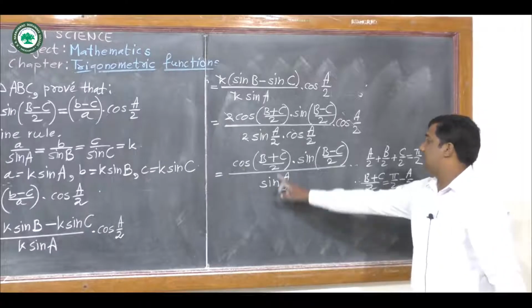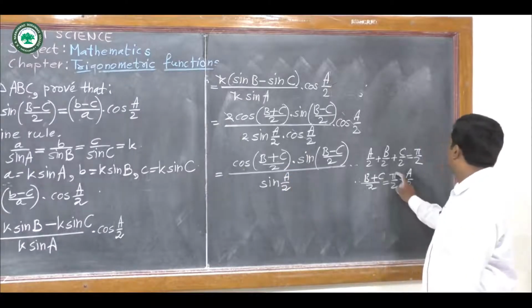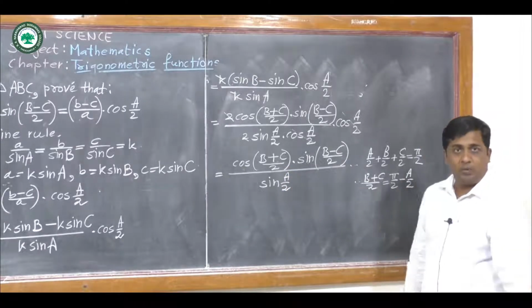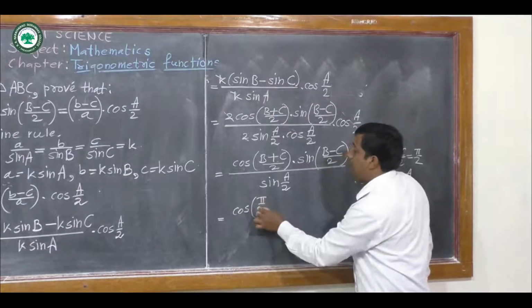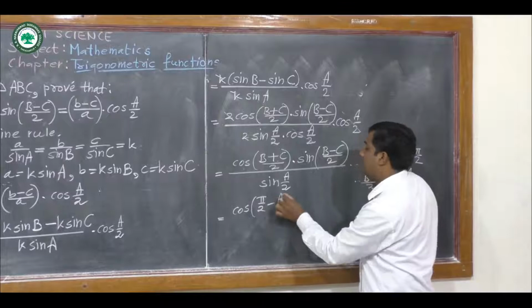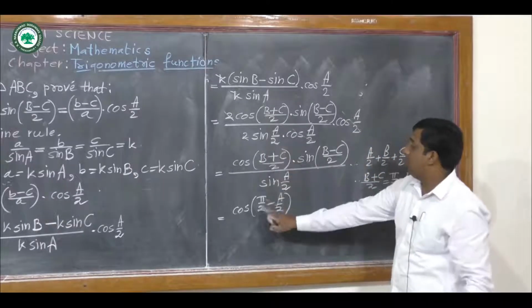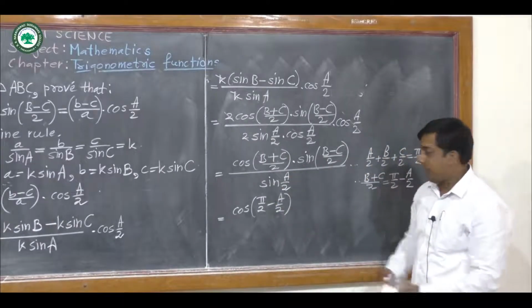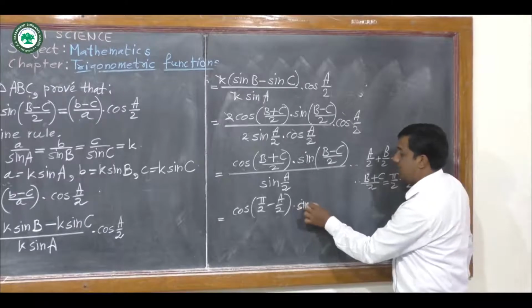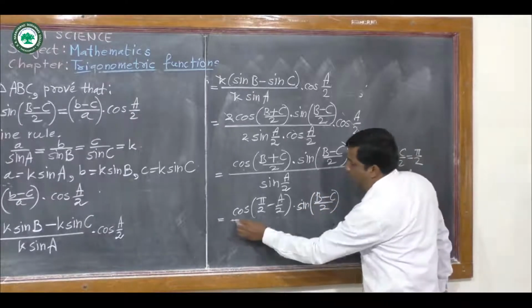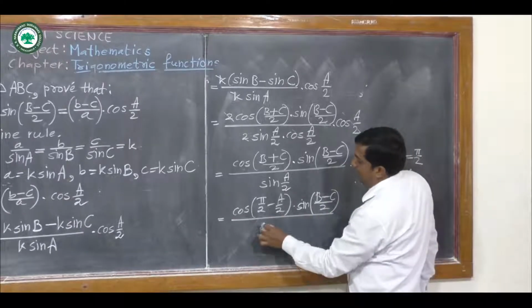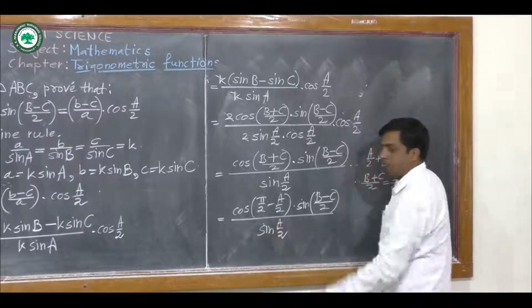We replace (B plus C) by 2 by pi by 2 minus A by 2. So cos of pi by 2 minus A by 2, and in the next, sine of (B minus C) by 2 upon sine of A by 2 as it is.